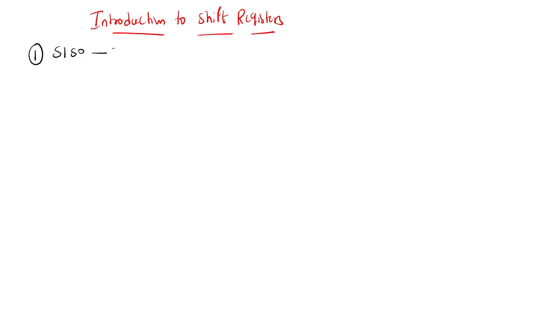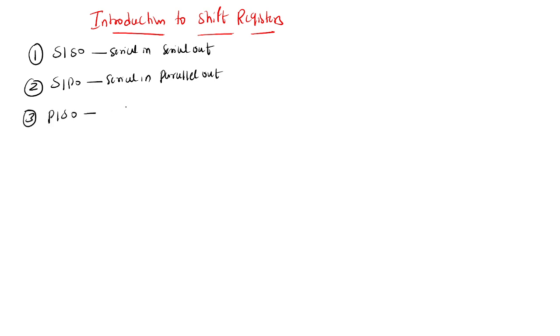SISO means nothing but serial in and serial out, and you have SIPO. SIPO means serial in and parallel out. And next you have PISO.